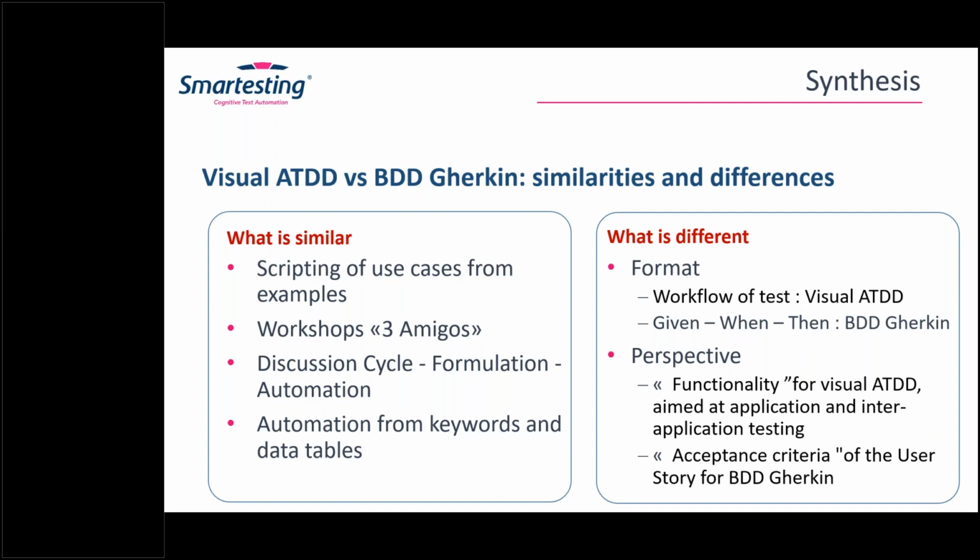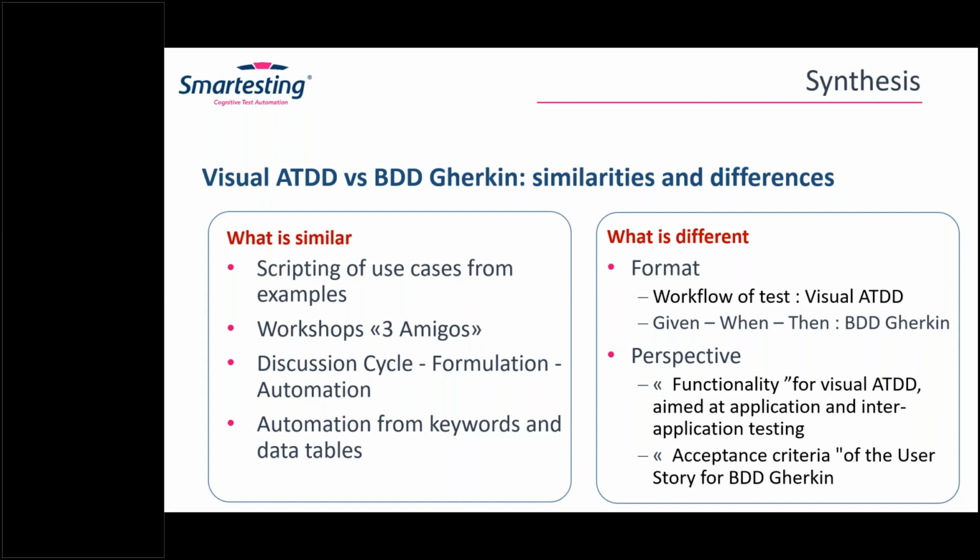The similarity is that both are scripting use cases from examples. Both are the outcome of the Three Amigos workshops conducted. Both go through the same discussion cycle, formulation, and automation, and both in many cases go through a keyword based automation.